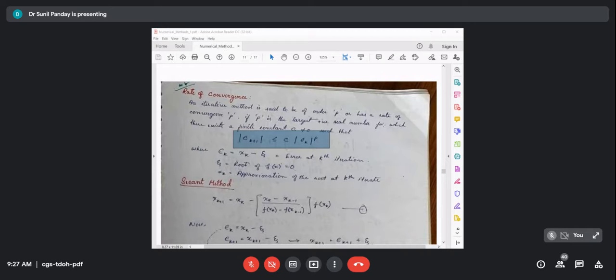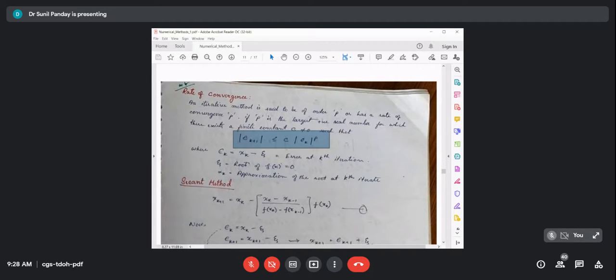So with a method of rate of convergence 8, I get in the second iteration itself the accuracy that I would get after four iterations with a method of order 2. So if a method has a lower rate of convergence, it is a slow method, and if a method has a higher rate of convergence, then it is a fast method as compared to the previous one. This is the significance of the rate of convergence.